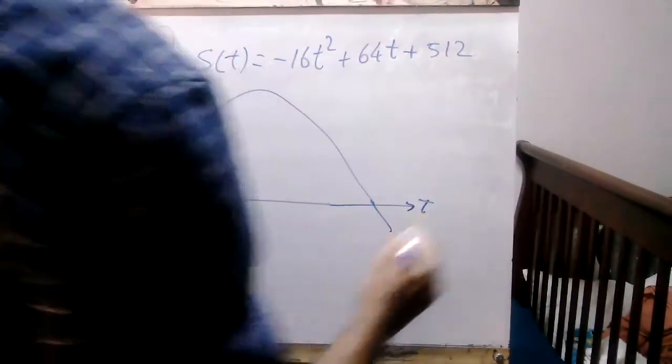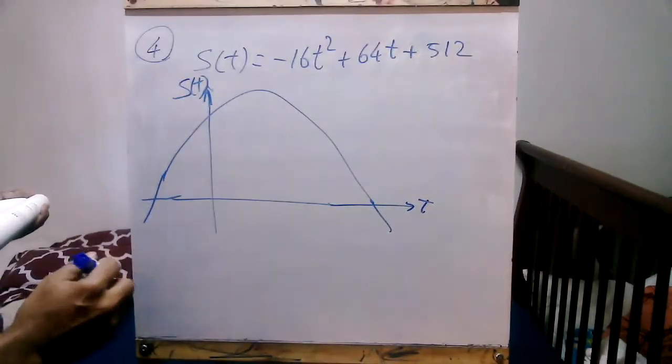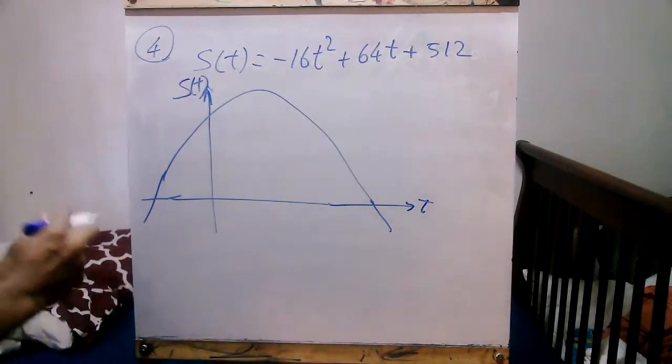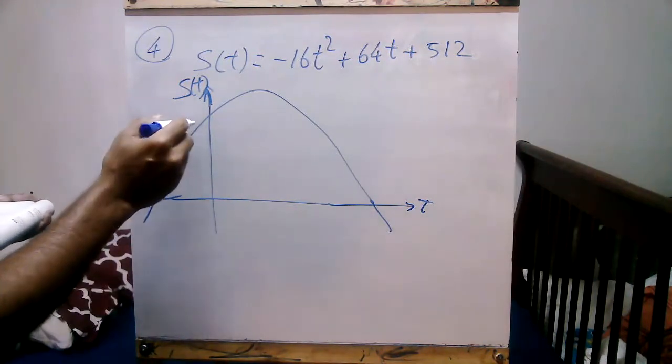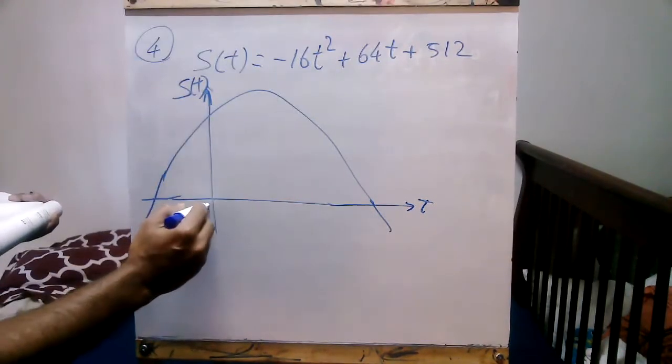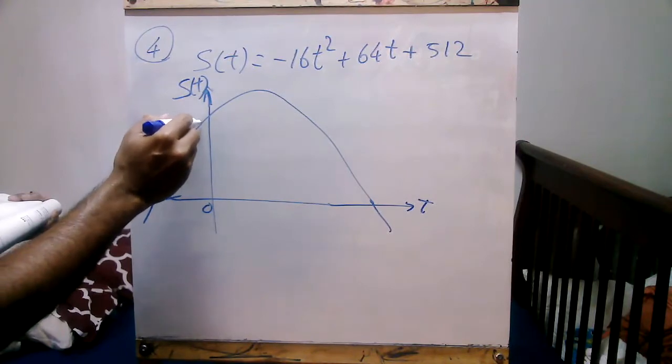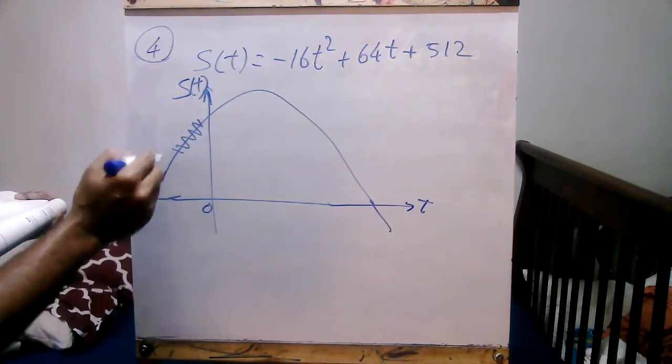Distance versus time. Now from this graph, t should be greater than 0, therefore we take off this part, right?